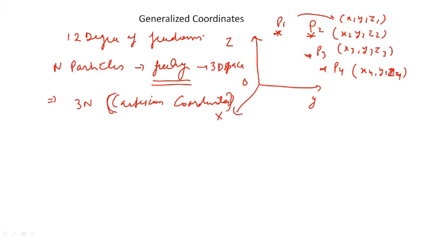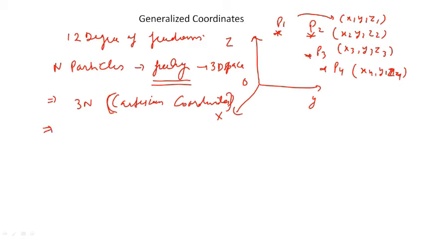Right? Now you see here that as the population of particles is increasing in the three-dimensional space, it is necessary that there will be some constraints, or some restrictions.